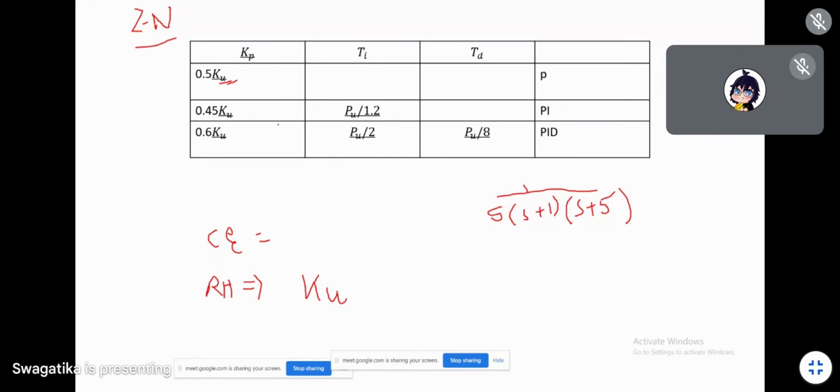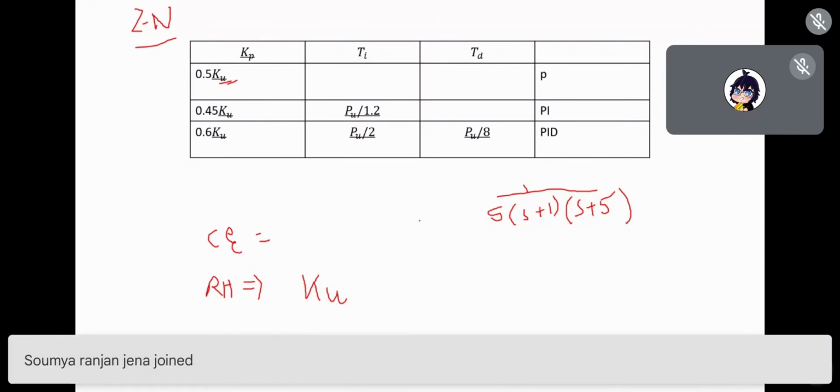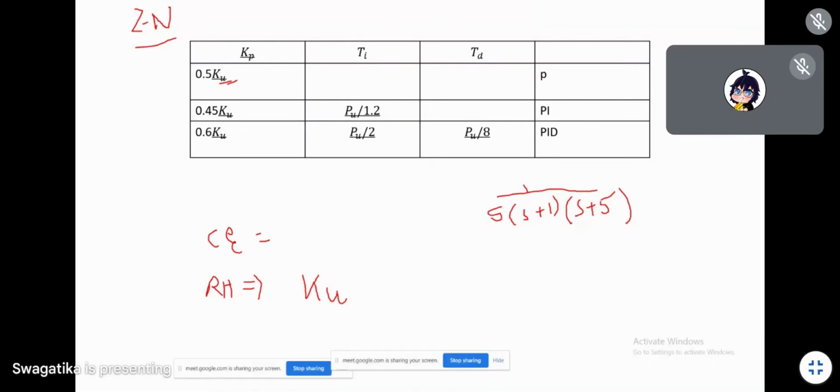So can you tell me what is the value for this one? Tell me. 1 divided by S into S plus 1, S plus 1. What is the characteristics equation?